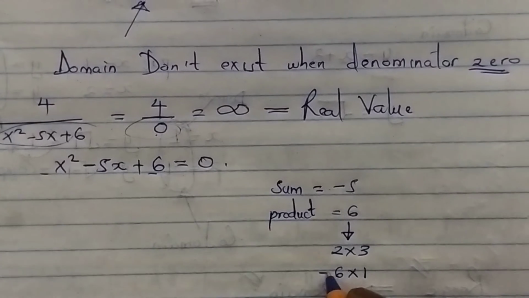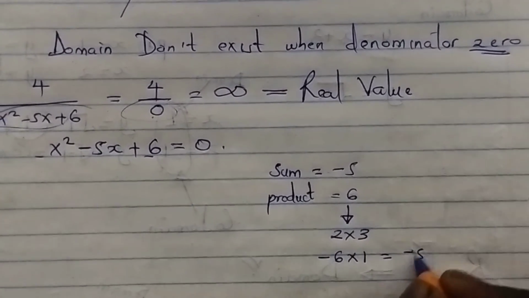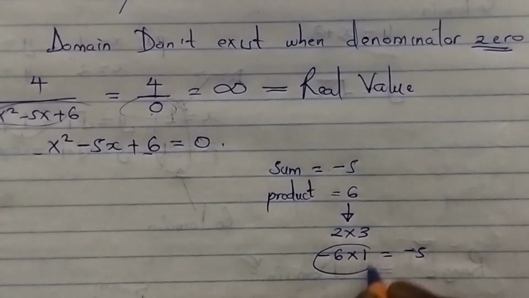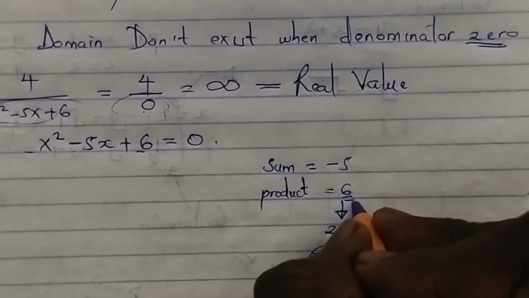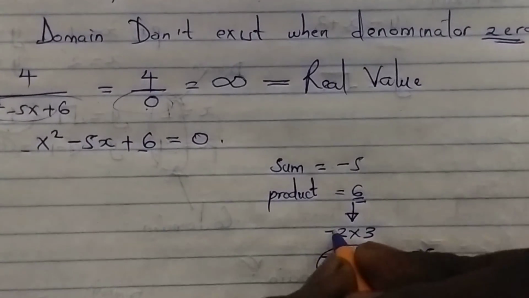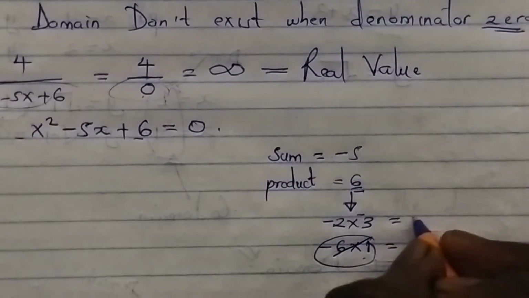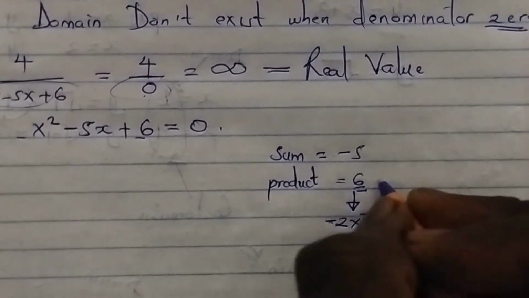Now, if I put here -6, then the sum is going to be -5, but the product is not going to be +6. So we rule this out. If I put here negative 2 and this one -3, the sum is going to be -5 and the product is going to be 6.